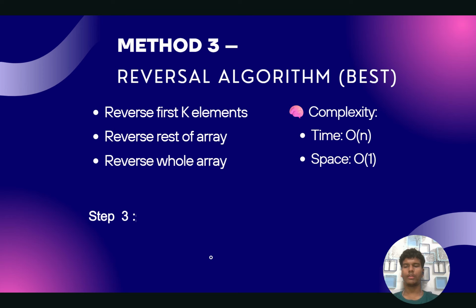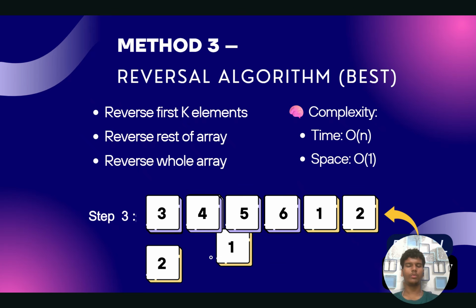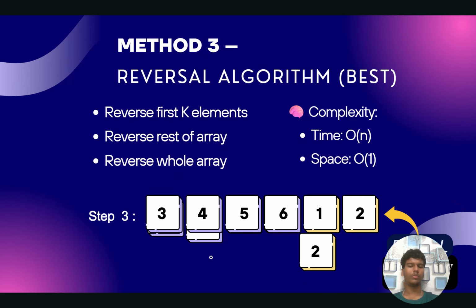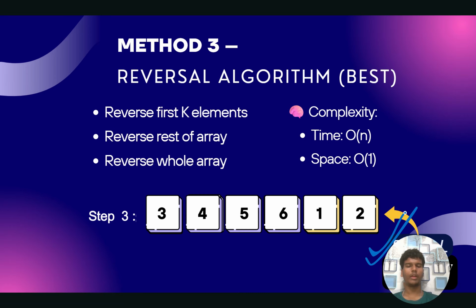At step 3 it would look like this: 3, 4, 5, 6, 1 and 2. So we got our final array like this, and the time complexity is big O of n, space is constant, big O of 1, since we are not using any temporary variable to shift the elements.